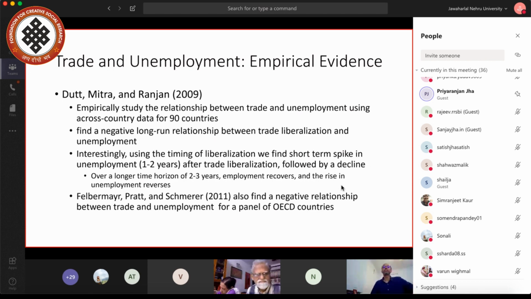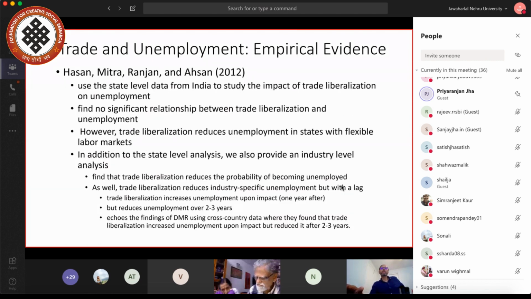And so in the interim, you could see a spike in unemployment, but over a slightly longer horizon of 2 to 3 years, employment recovers, and then there's a decrease in unemployment. There's also a paper by Felbermeyer and co-authors using a smaller OECD countries data set. They find a similar relationship.